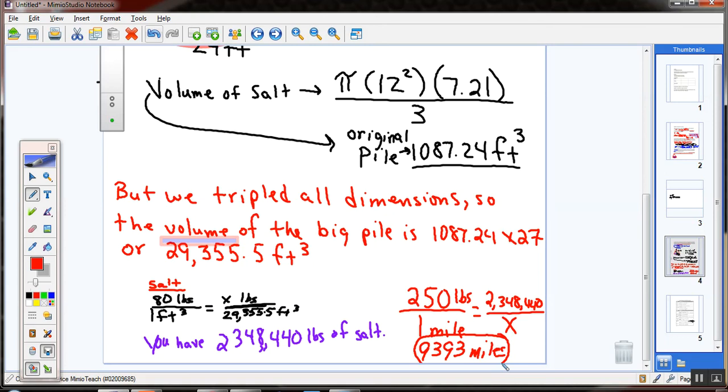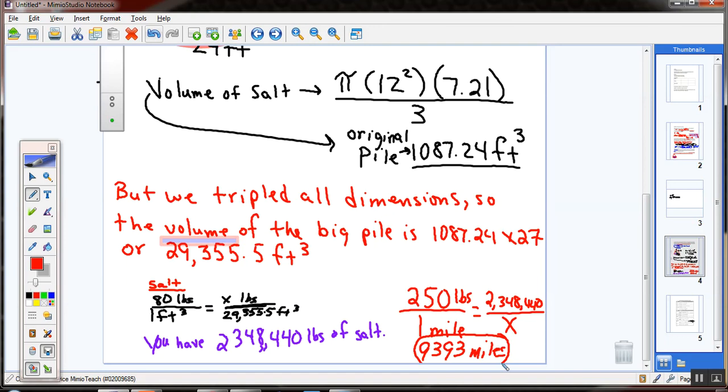Okay. First thing we had to do was understand how to find the volume of the initial pile. And then we knew a storm was coming, so what did we do to the salt pile even before we went out? Tripled every dimension, which meant we had 27 times the amount of salt.